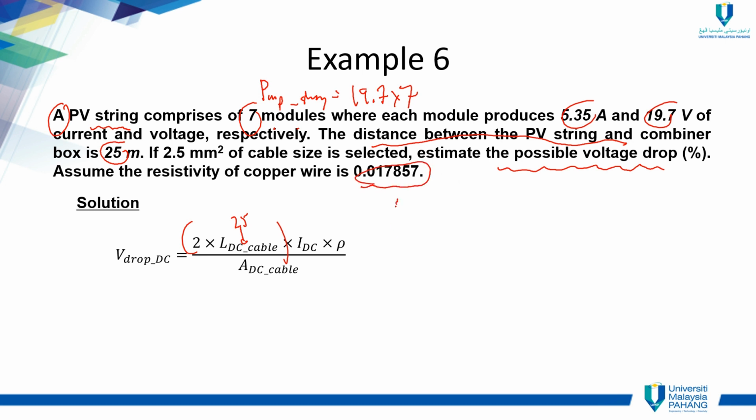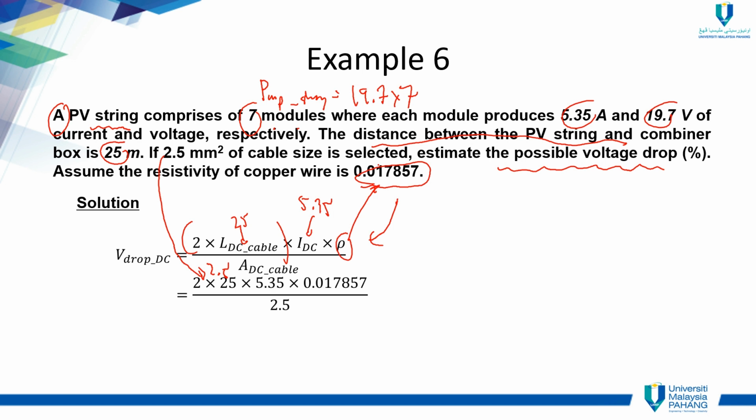Then we just key in the values as simple as A, B, C. Okay, 2.5, this is 5.35, and rho is 0.017857. Without thinking too much, just calculate it. Then you are going to get 1.9107 volts.